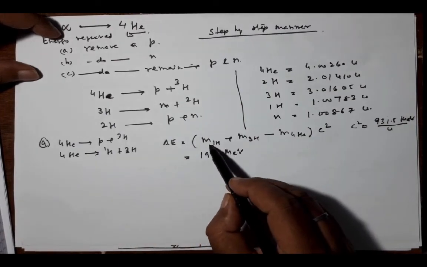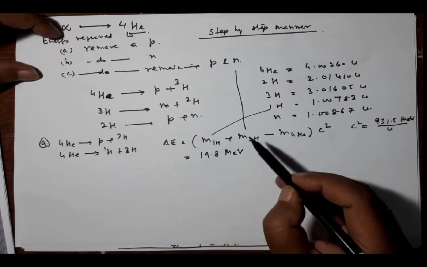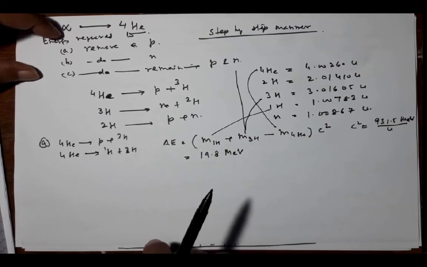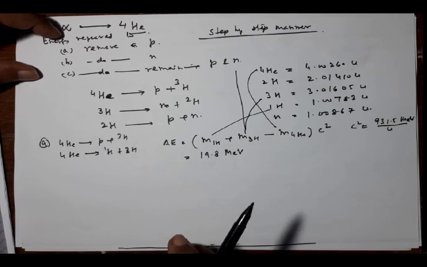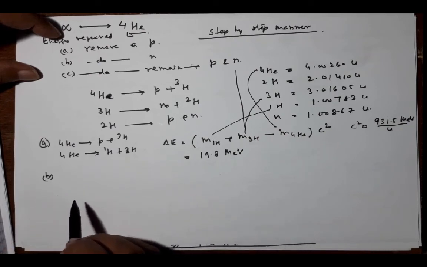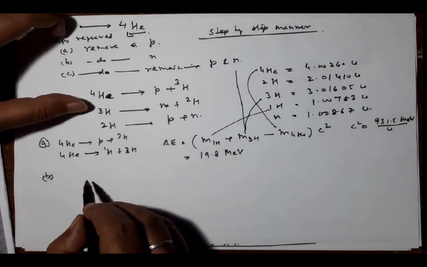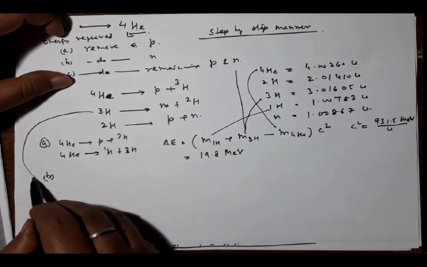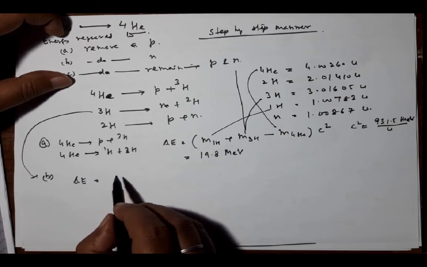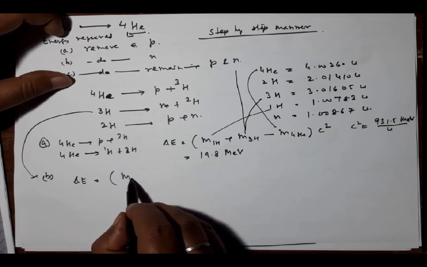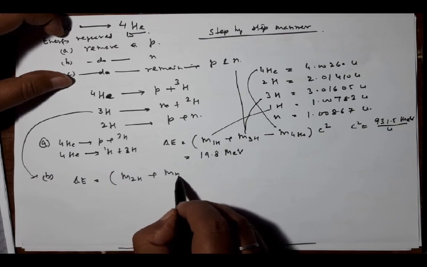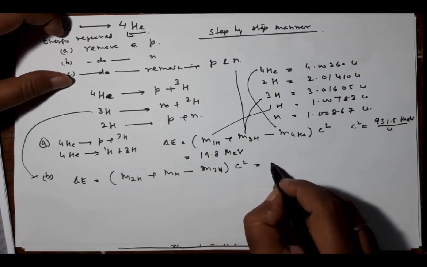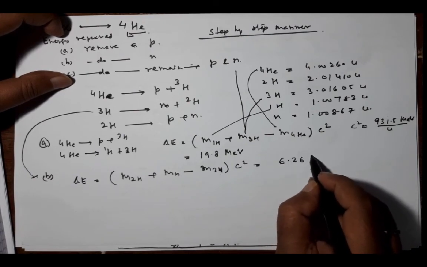Here this M1H mass is there, M3H, M4He. Likewise, you can find out like this in the case of B, if we see this equation, and apply this equation, then delta E is nothing but M2H plus Mn minus M3H into C square, and this will give you as 6.26 MeV.